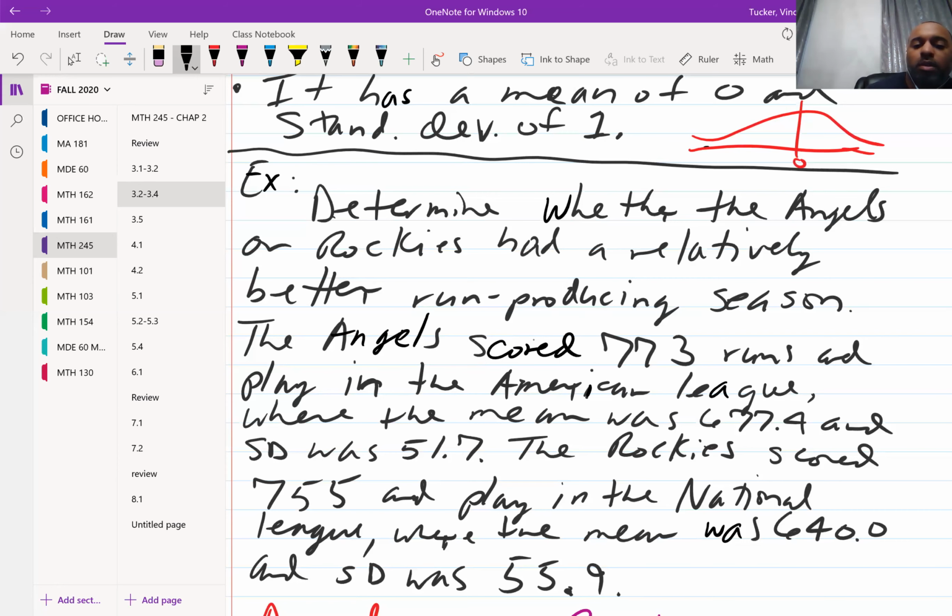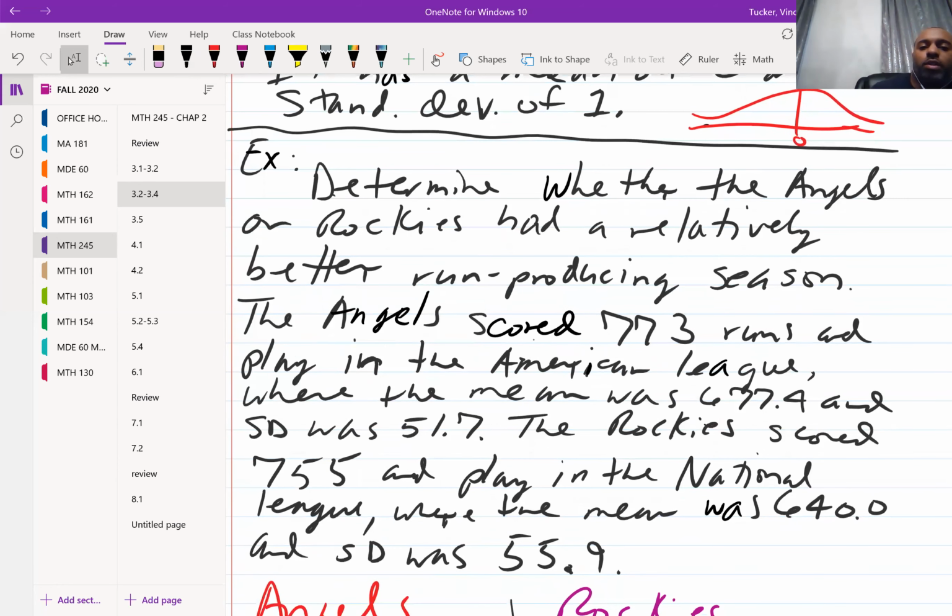All right. So once again, we want to determine whether the Angels or the Rockies had a relatively better run producing season. Angels play in the American League, Rockies play in the National League. So if you ever watch baseball, you know that that matters because there are slightly different rules depending on what league you're in.